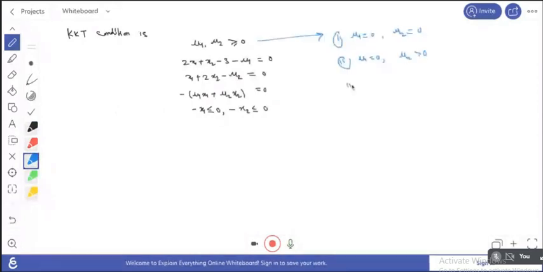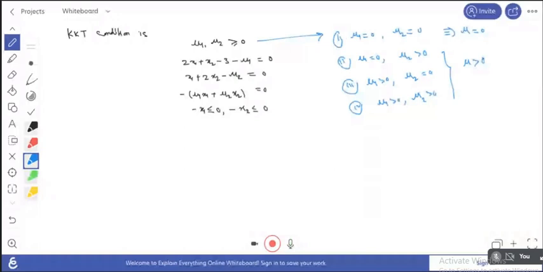Okay. Third condition, when mu1 is greater than 0 but mu2 is 0, and the fourth condition is mu1 greater than 0 and mu2 greater than 0. Okay, so in this case mu equals 0.